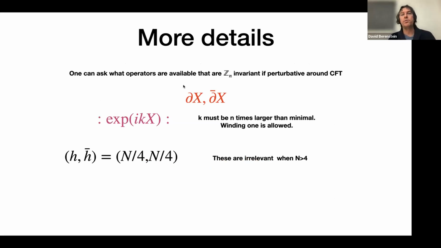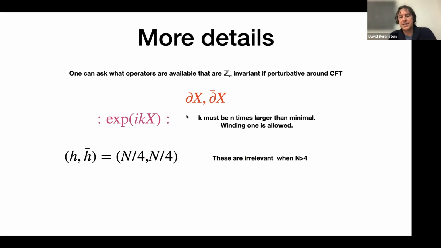You can ask what operators are available that are Zn invariant, if you're perturbing around the CFT of the original Q variables. So you have dx, d bar x, that's the usual chiral current. You have vertex operators like exponential to the ikx.